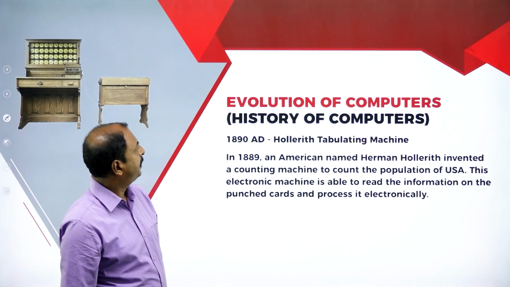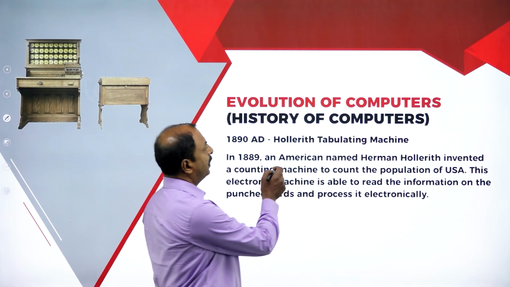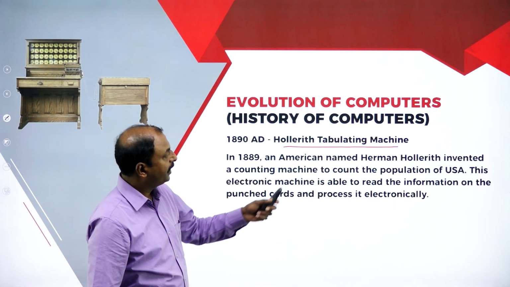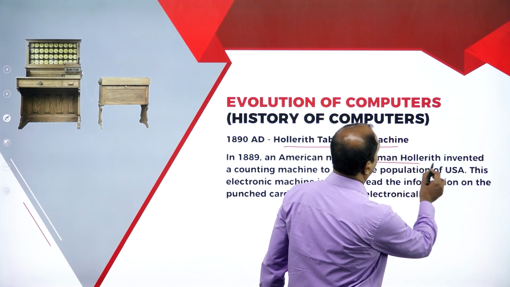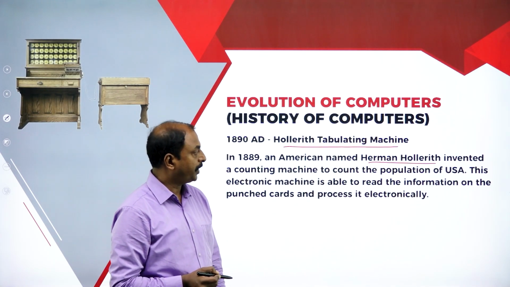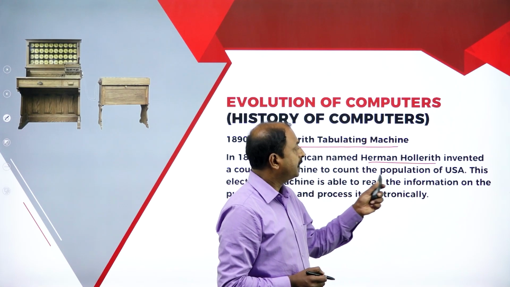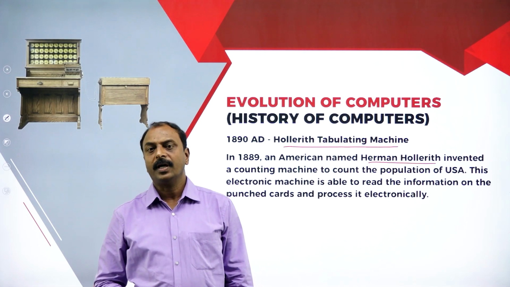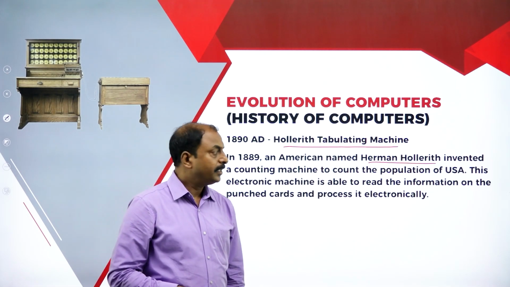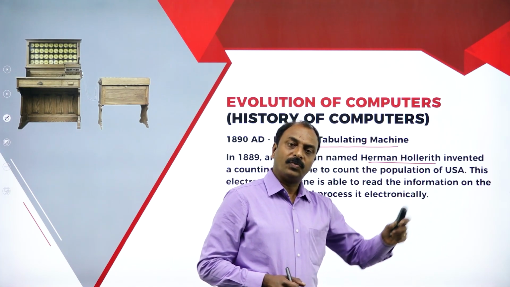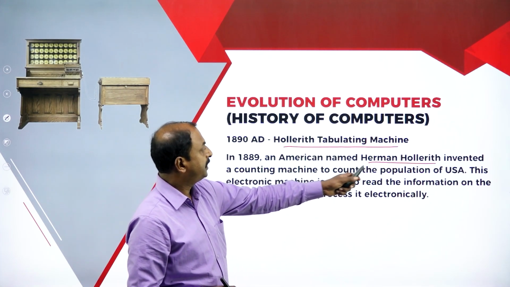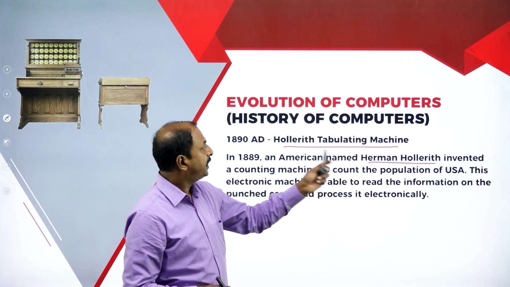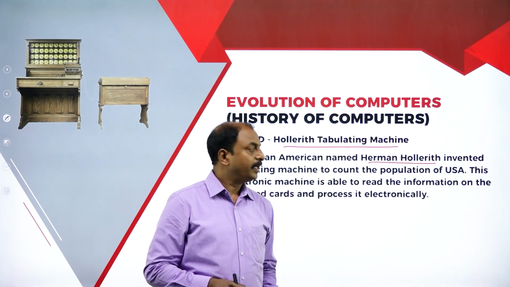The next device in the history of computers is the Hollerith tabulating machine. In 1889, an American named Herman Hollerith invented a counting machine for counting the population of the USA. His father was working for a government agency in the USA. To assist his father, he developed a device called the tabulating machine, named the Herman Hollerith tabulating machine.